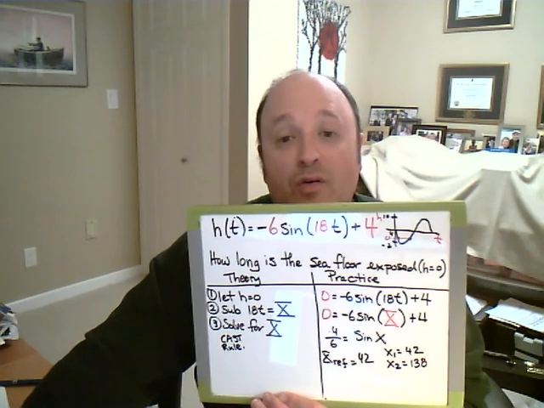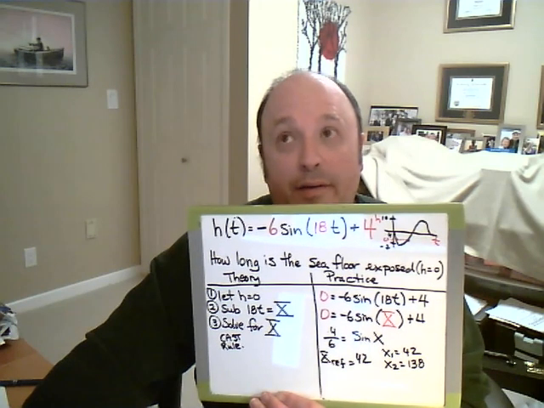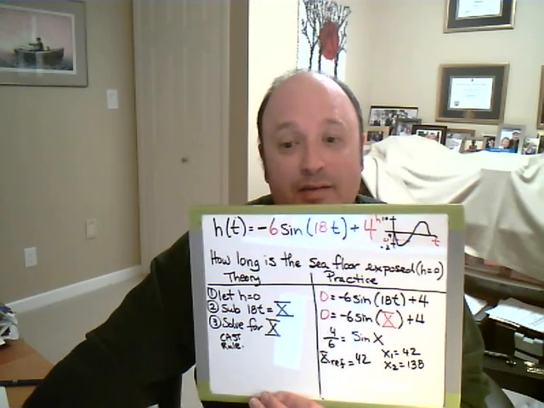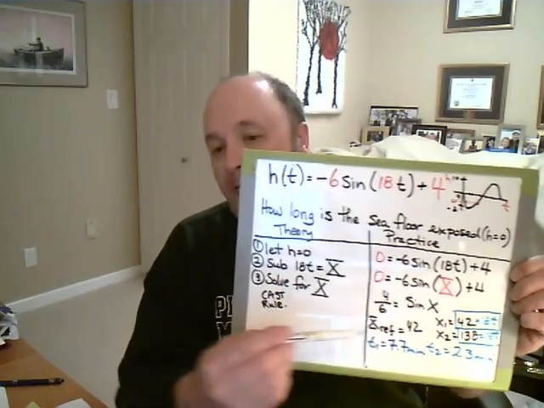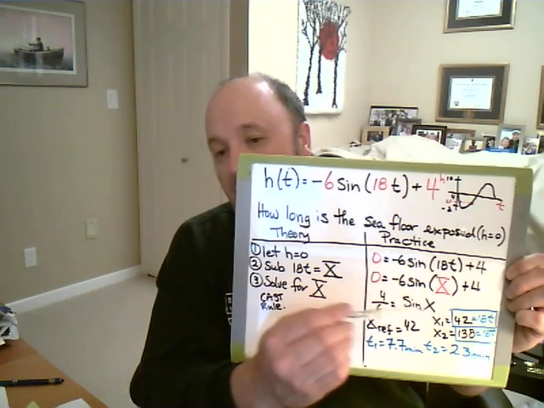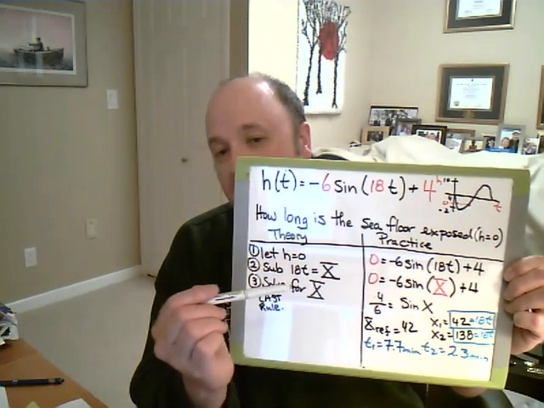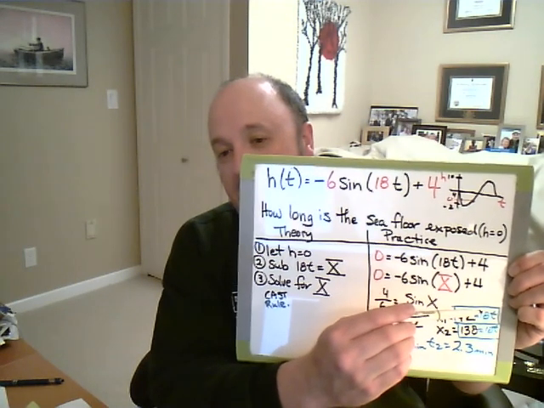Now I've got to turn those into t values. So I've got to sub 18t back into those. So remember, big X, that's what we've got here, is equal to 18 times t. So I have 42, which is my answer, is equal to 18t.